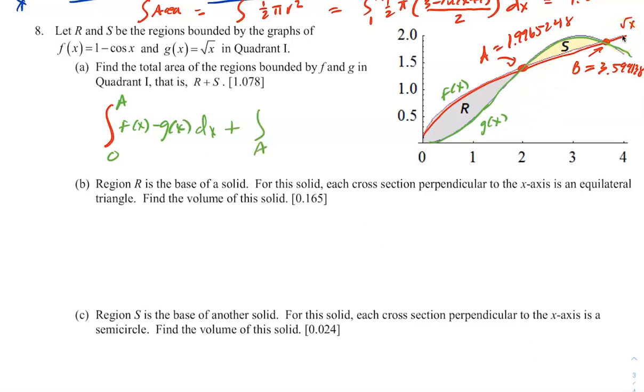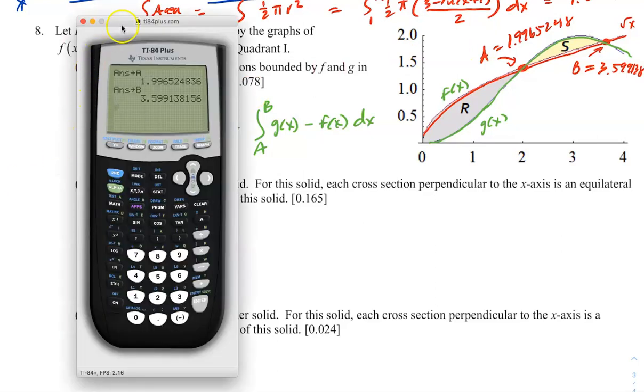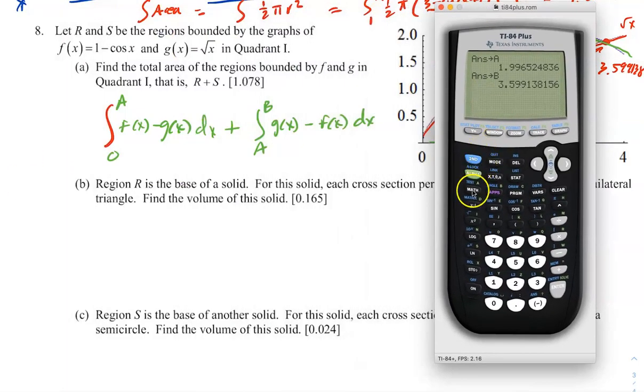In region S, we're going from A to B. And in this case, we flip it. Now g of x is on top, minus f of x. And then we just put that into our calculator. So math 9, we can go from 0 to A, alpha A, whoops, my mistake. And then here, f minus g of x. Remember, f of x for us was y1.